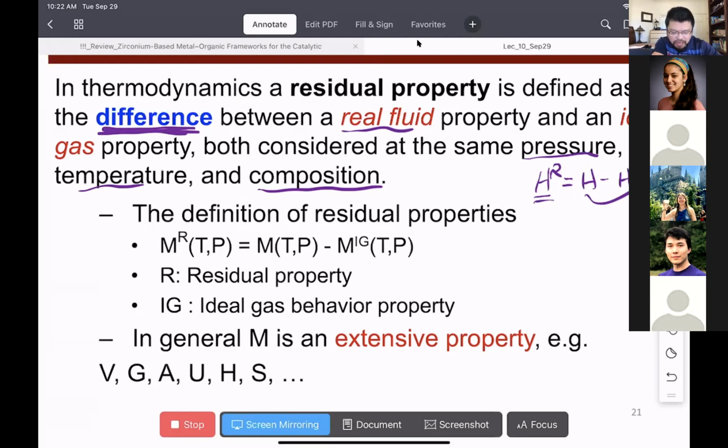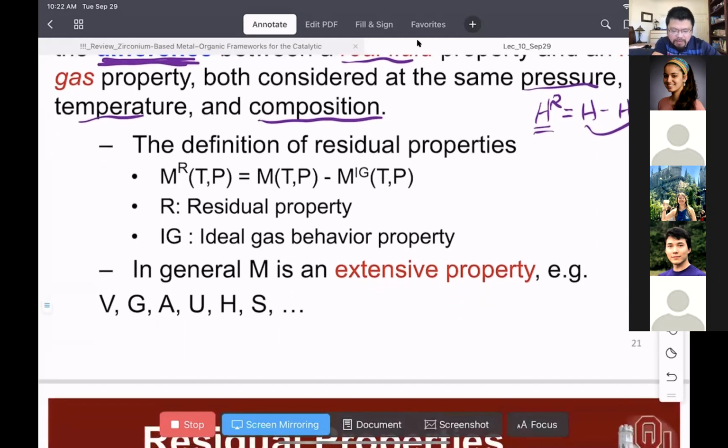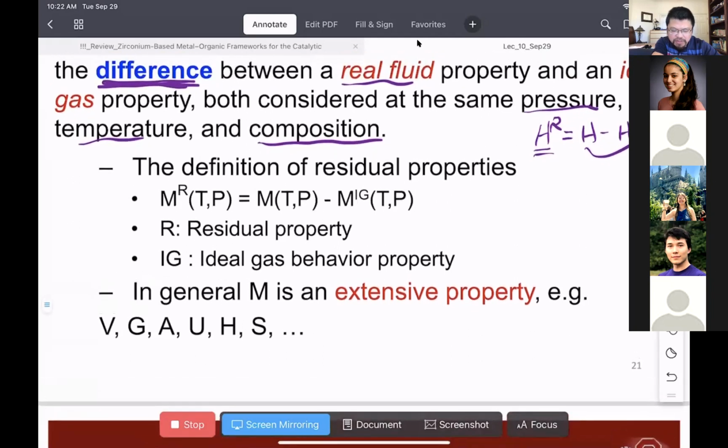If we look at the definition, M is any value of interest to us, then the residual property at this temperature and pressure is defined as the actual value of the quantity, whether it's entropy, enthalpy, volume, or any state value of interest, that we can measure. And over here, we assume ideal gas behavior at this temperature and pressure.